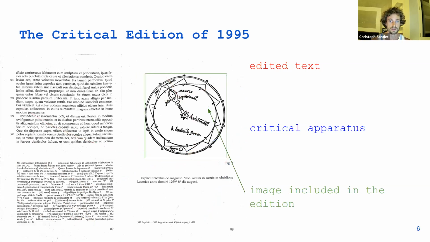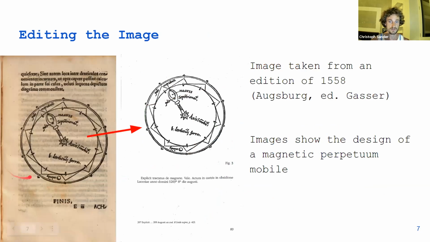So where does the image come from? He chose to pick the image as printed in an early modern edition of 1558. He just took that image and put it in his critical edition. It shows what is called a magnetic perpetuum mobile, a device that has a continuous movement driven by magnetic repulsion and attraction.